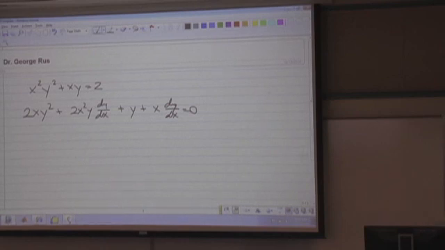And so a lot of you actually solved for dy over dx, which is one way of approaching things. But the key idea is that dy over dx is equal to -1. And so this is just 2xy squared minus 2x squared y plus y minus x is equal to 0.